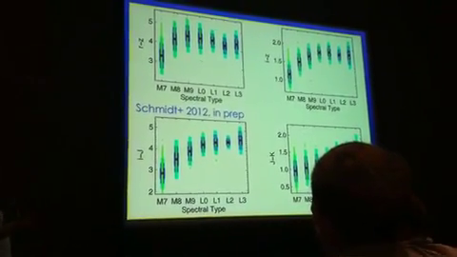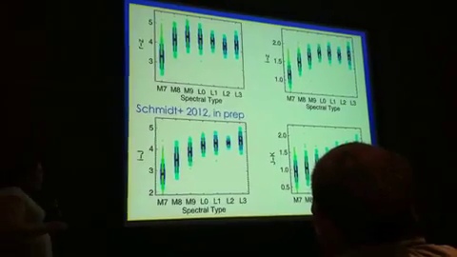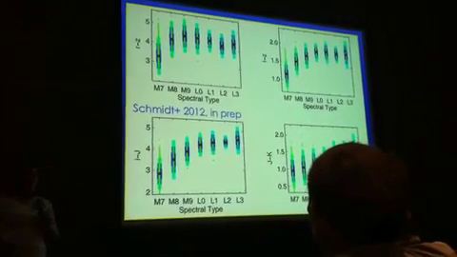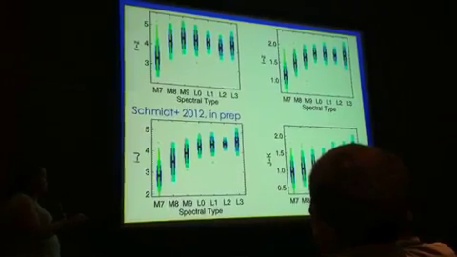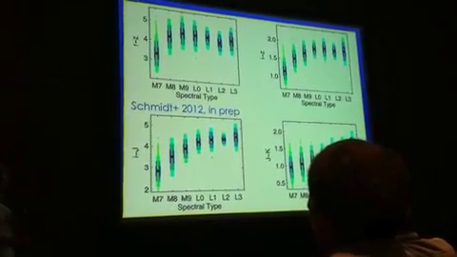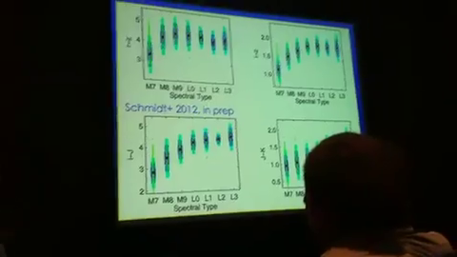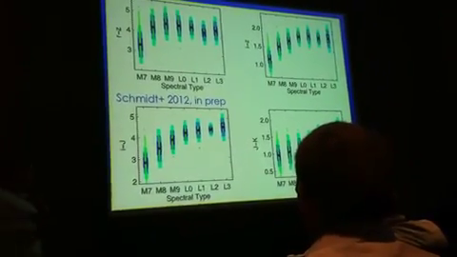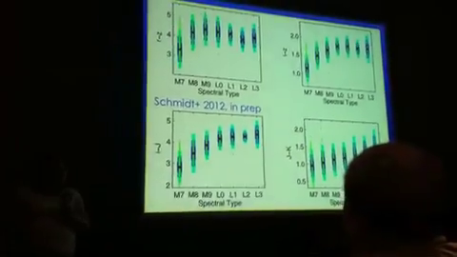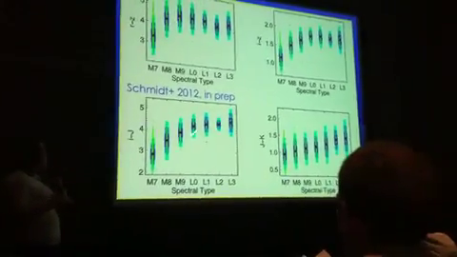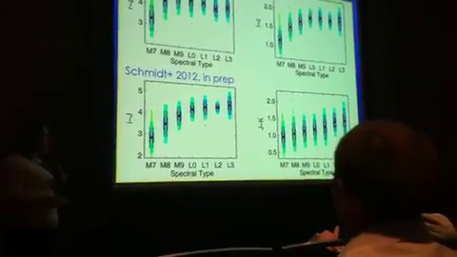In I minus Z and I minus J, these colors are really spectral type dependent. They're really good tracers of effective temperature through these spectral type bins. In J minus K especially, but somewhat R minus Z for these spectral types, it seems that effective temperature isn't the primary indicator of what the object's color is going to be.